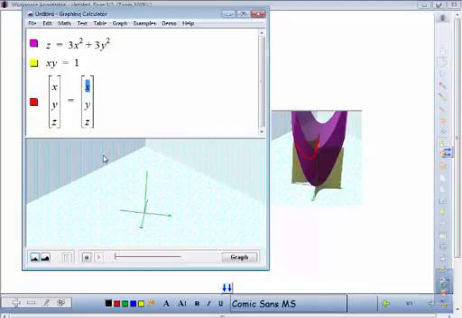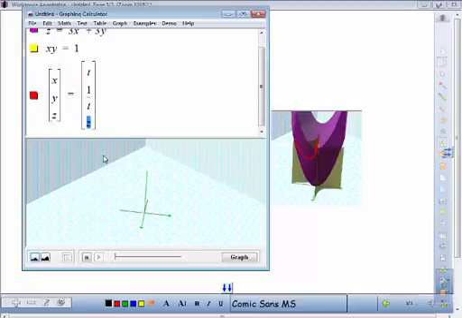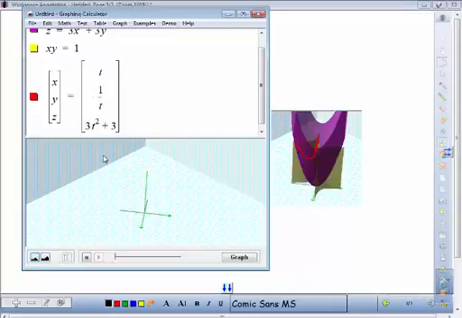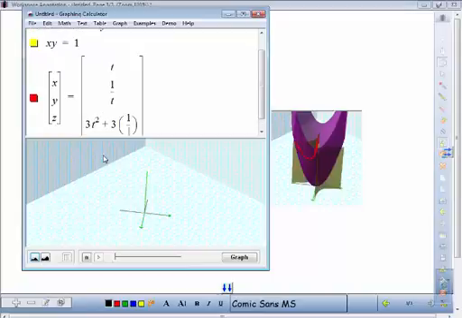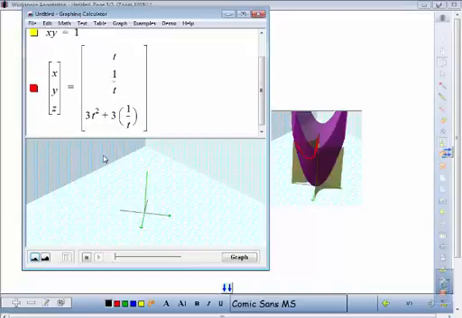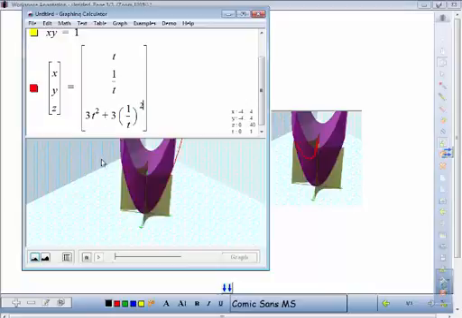And for this, I think I need to go to parametric equations. t, 1 over t, and 3 t squared plus 3 times 1 over t squared. If you guys understand what I did, then you're in great shape. And if not, don't worry about it.